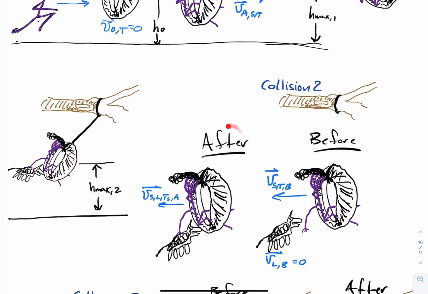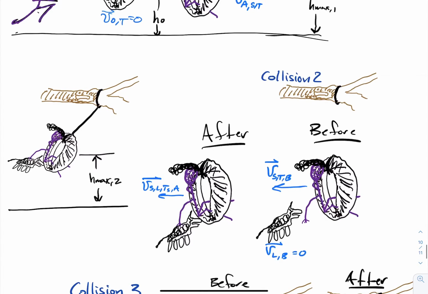And then after Smoot grabs the dog, they'll all have a velocity together. Once Smoot grabs the dog, he'll swing up to the second max height with the dog. So that's the second set of pictures, and that's the second thing we'll have to calculate.